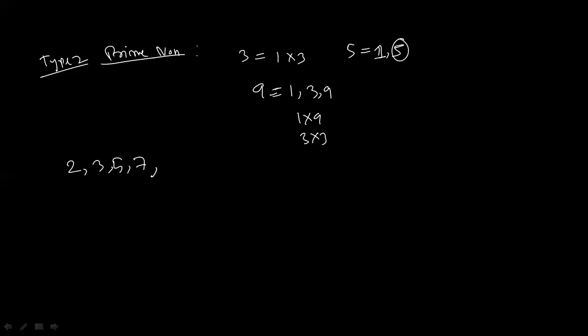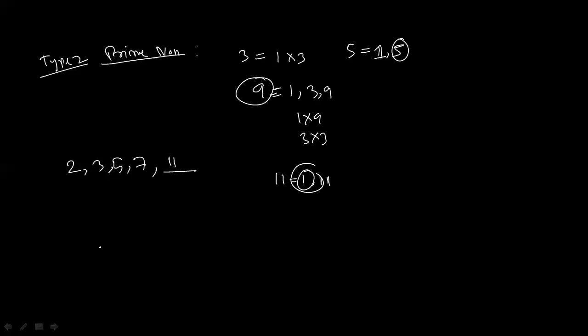So which will be the next number? The next number will be 11, because 9 is not a prime number. 9 is an odd number, but 11 is a prime number, because the factors of 11 are 1 and 11, the number itself and 1. So the answer will be 11. So this is type 2.